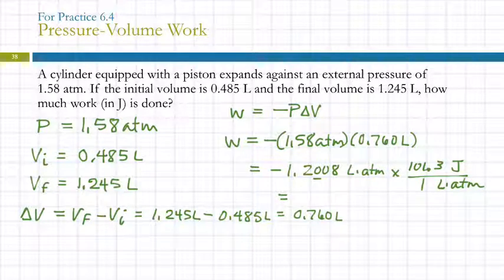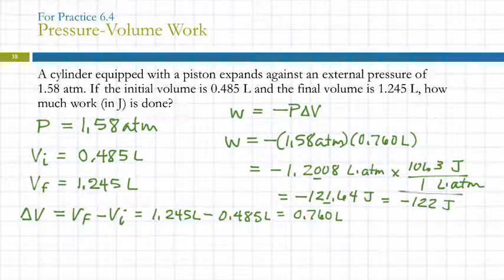I take my number and multiply by 101.3, so I get negative 121.64 joules. I still have 3 significant figures, and so this is minus 122 joules. The system, the cylinder and piston, did 122 joules of work on the surroundings. Any questions?